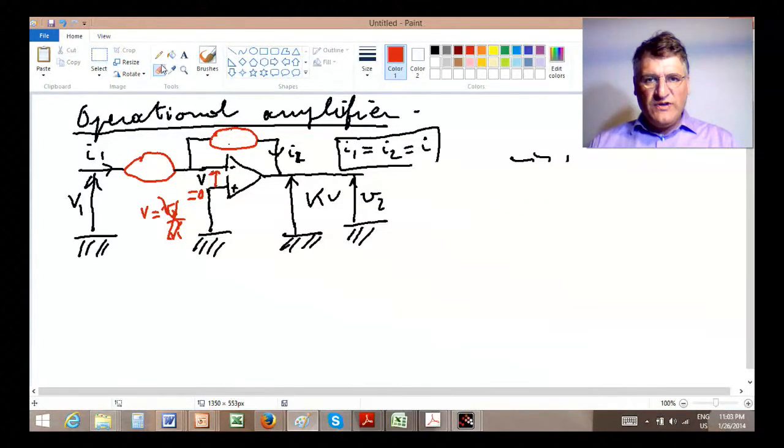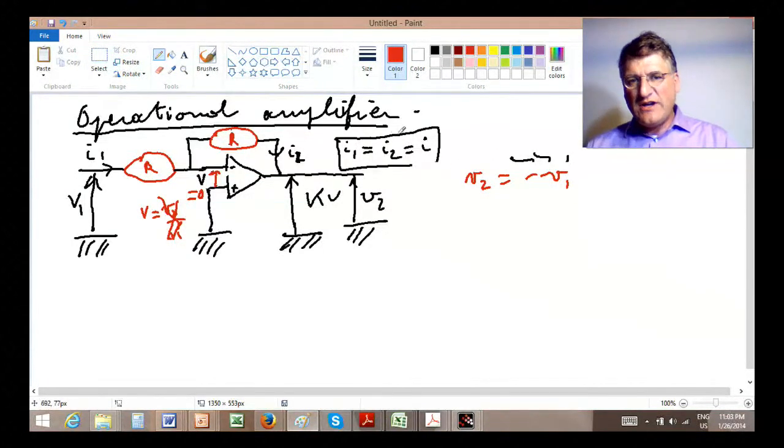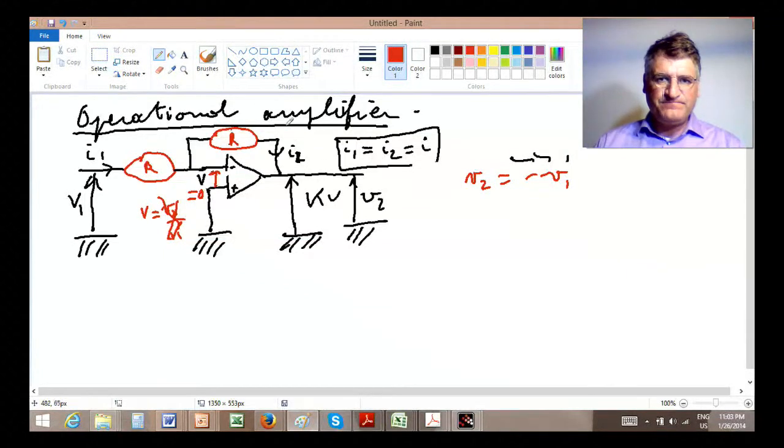I first want to indicate to you that if I put R here and R there, we just get V2 is equal to minus V1. Therefore, we can use it to switch the sign of voltages. So with two operational amplifiers, you can actually multiply a voltage by a positive gain.